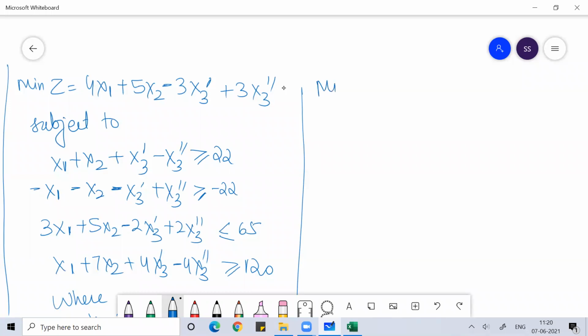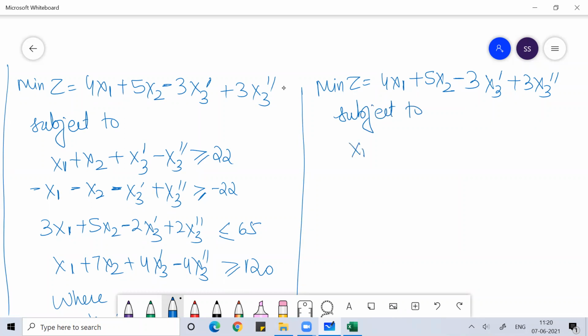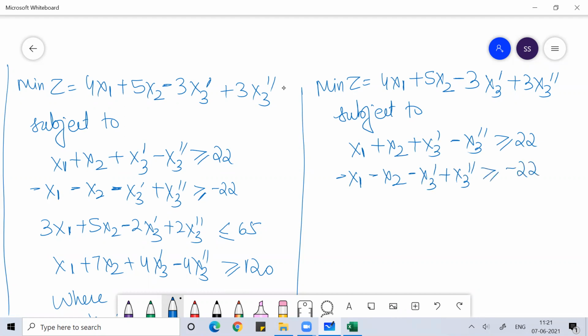Again, I can write this equation. Minima of z is equal to 4x1 plus 5x2 minus 3x3 dash plus 3x3 double dash subject to x1 plus x2 plus x3 dash minus x3 double dash greater than or equal to 22. This is minus x1 minus x2 minus x3 dash plus x3 double dash greater than or equal to minus 22.